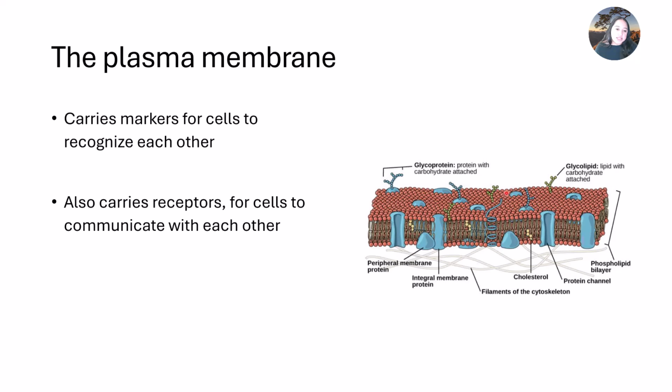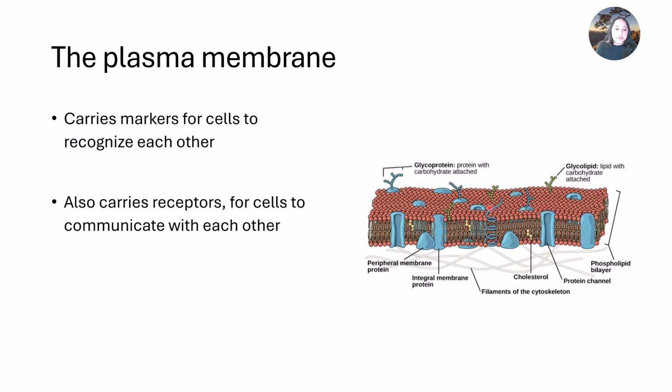Some are markers on the surface for cells to recognize each other, to tell, oh, you are a fellow liver cell, so we need to work together. They also help recognize that something is from our own body versus foreign things like allergens.